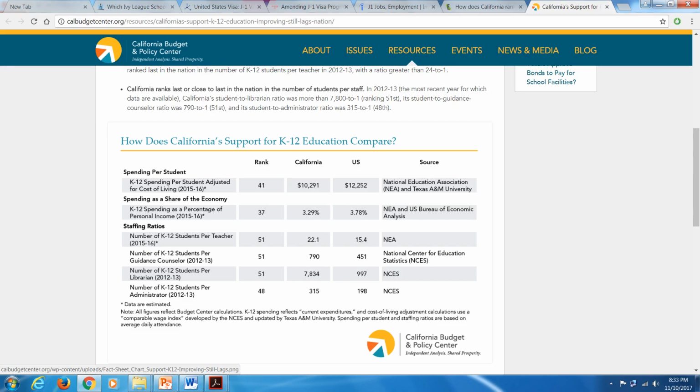So California ranked 51st in K to 12 student to teacher ratio. You can read more on these websites. This is from the California Budget and Policy Center.